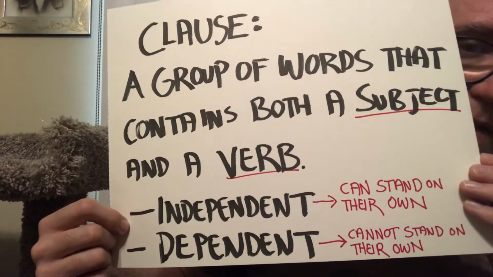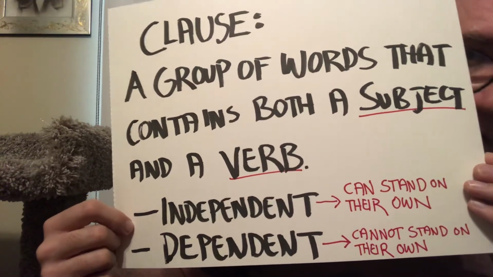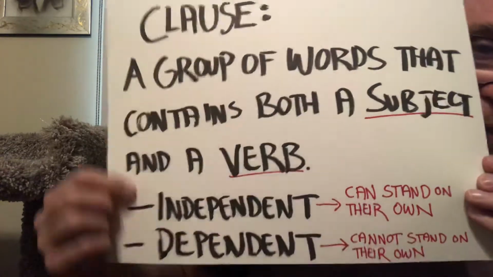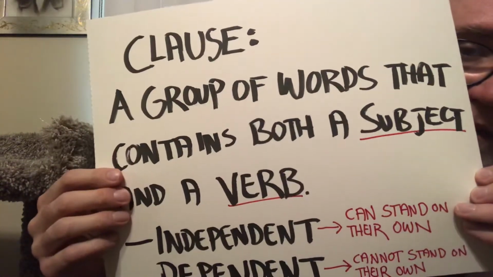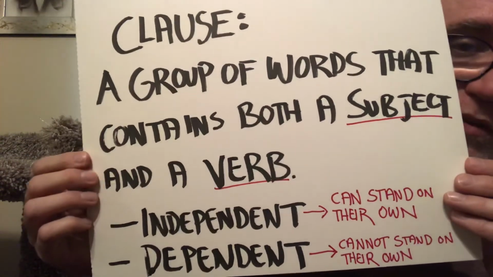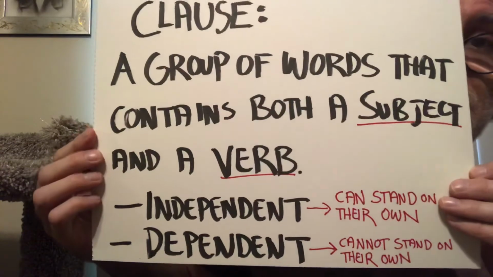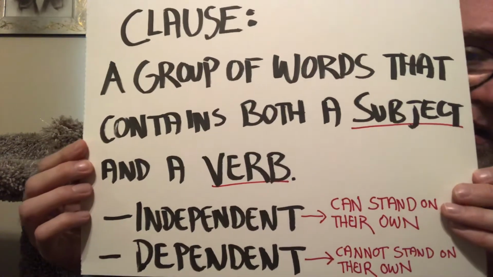But keep that in mind. There are two kinds of clauses, independent clauses and dependent clauses. If you can really get a sense of what a clause is, that's going to go a long way toward helping you use commas in particular. So I think that will help you guys.